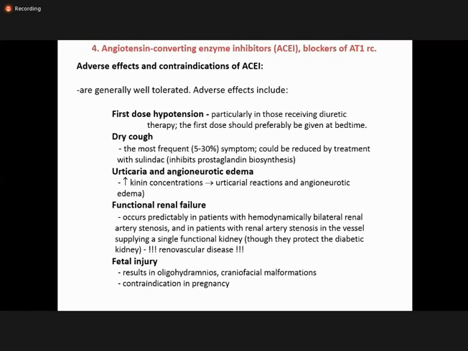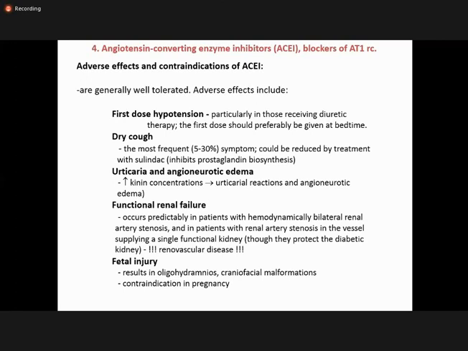Dry cough is the most frequent, 5 to 30%. Symptoms could be reduced by treatment with Sulindac, which is a prostaglandin inhibitor belonging to the NSAID group. But another option is to replace this angiotensin converting enzyme inhibitor with an angiotensin receptor blocker.